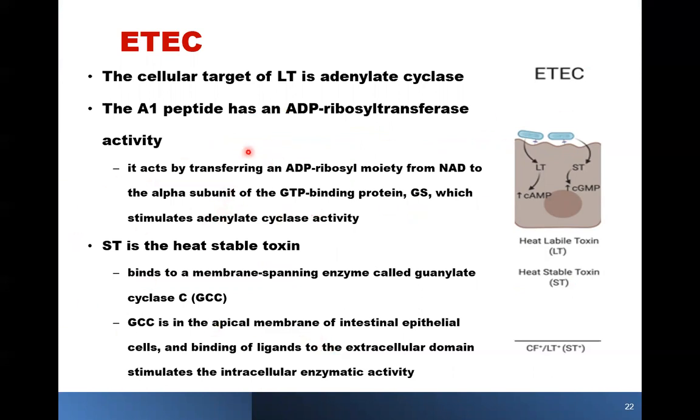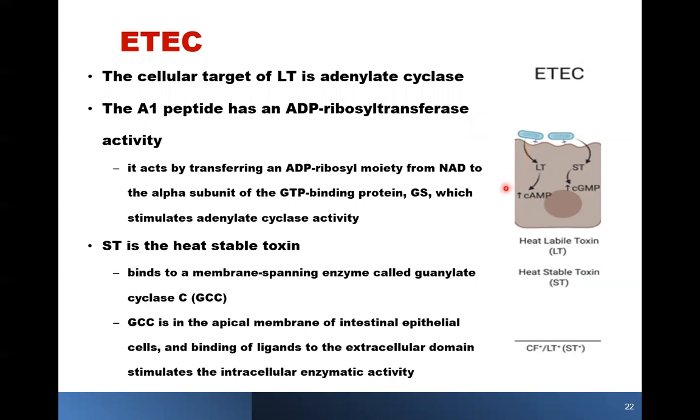The cellular target of the heat-labile toxin is similar to that of Vibrio cholerae. So it's the adenylate cyclase enzyme that is affected, and eventually you have an increase in intracellular cAMP count. And remember, the effect of this is that the enterocytes no longer absorb, rather they are pushing out ions, and water will follow.